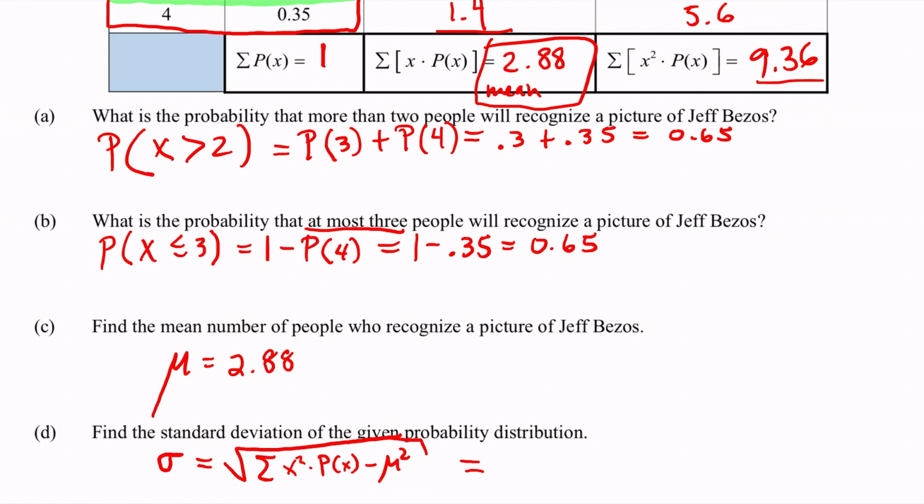So we found the sum of x squared times p of x was 9.36, minus the mean squared, which would be 2.88 squared. And that leaves me with something around 1.0322. Or here we can just simply round to 1.0.